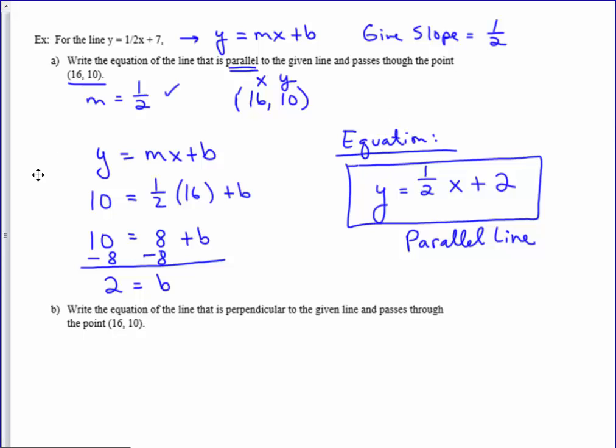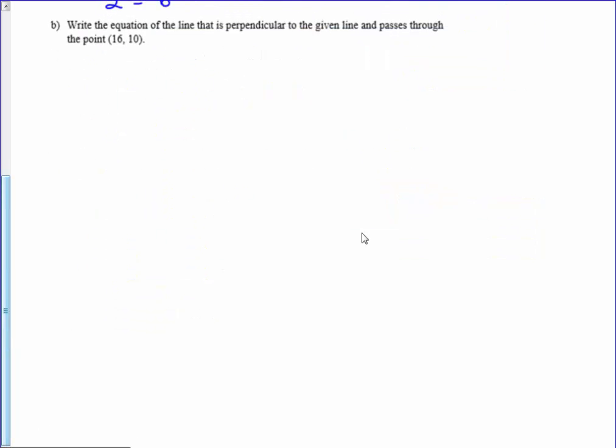Now let's go down to the second part of this problem. For the second part, we are asked to find the equation of a line that is perpendicular to the given line. So the slope I want, instead of being positive 1/2, would be negative 2 over 1, or just negative 2.